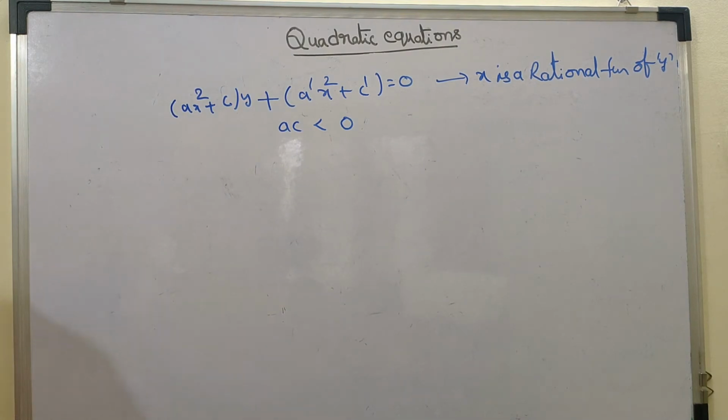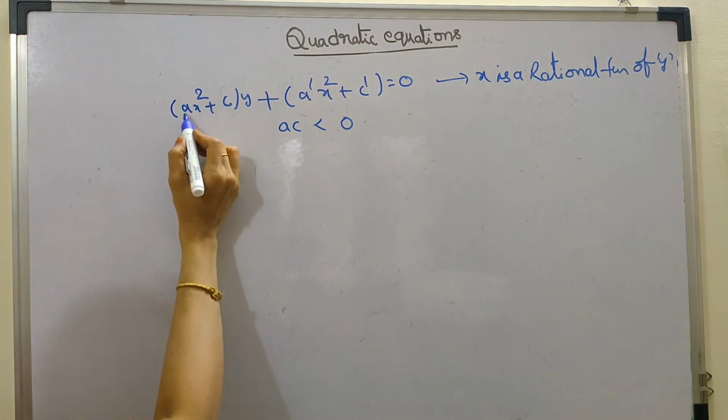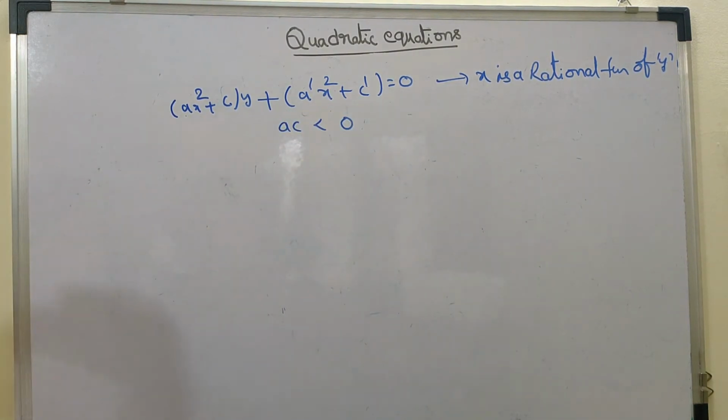Then find the relation between the constants a, c, a dash, c dash. So we get some relation. We will see what we get.